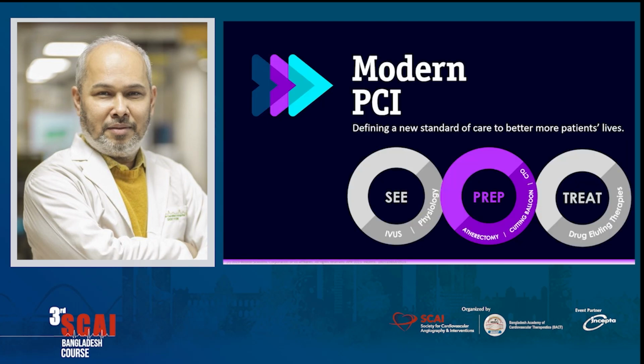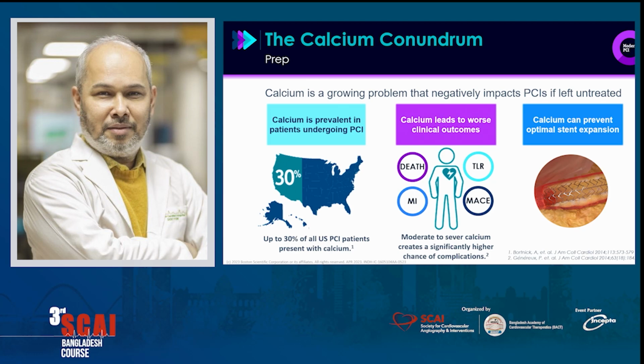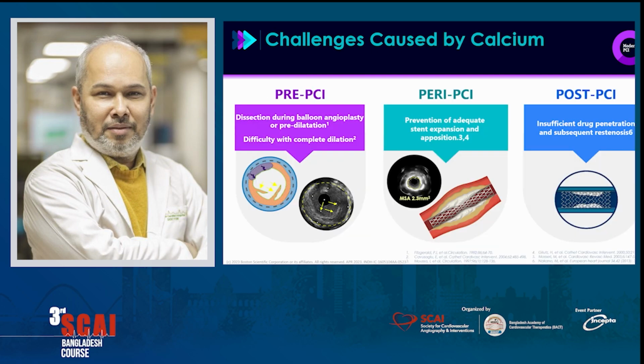So how do we prepare the lesion? All of you know calcium is the main culprit, and it is present in 30% of complex PCI cases. Calcified lesions lead to worse clinical outcomes and may prevent adequate stent expansion. So we have to be careful about calcium. I think it will be covered by Sarita, so I have to skip it.